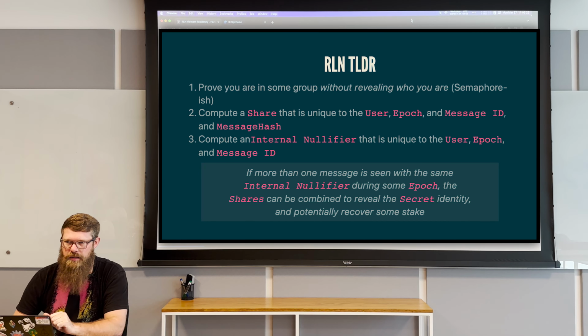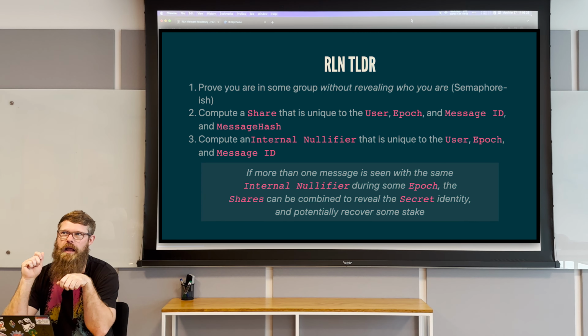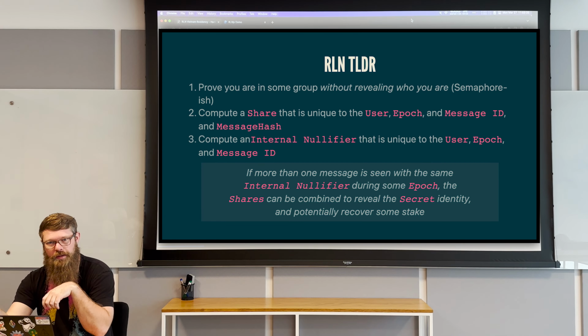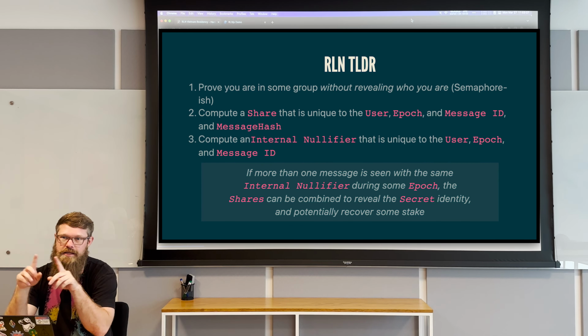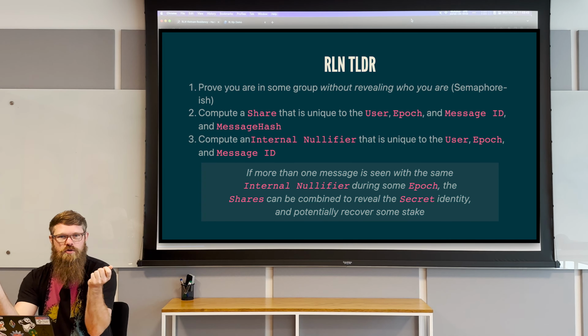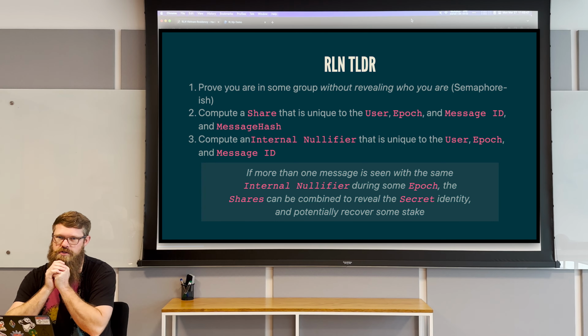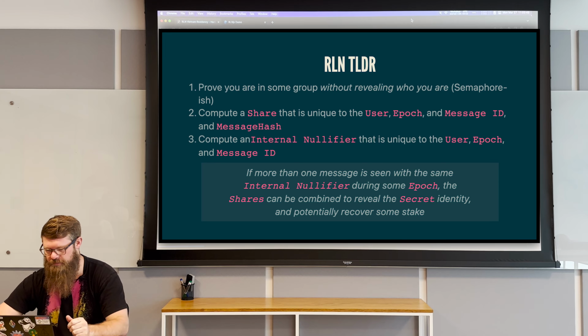And then you also compute an internal nullifier, which is basically a unique hash, where anytime a user signals, it'll be a unique internal nullifier unless they break the rate limit, and then it will match. That's essentially how you figure out that one user has messaged more than they're supposed to. You can match those together, combine the shares, and then you can reveal their secret and withdraw their stake.